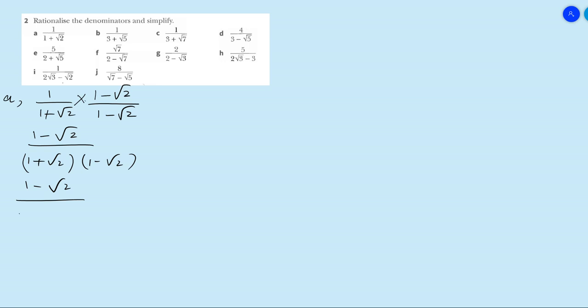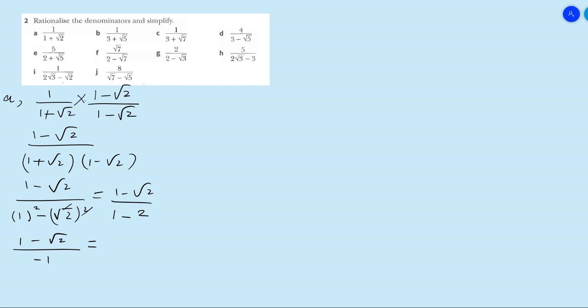So a square, 1 square, minus b square, root 2 square. (1 minus root 2) upon 1 square is 1, minus the square and root cancel, 2. (1 minus root 2) upon 1 minus 2, which is minus 1.